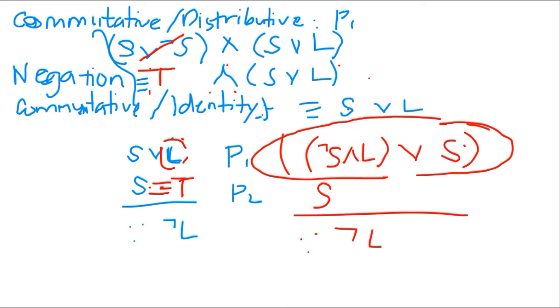Then the first premise, premise 1, should be true as well. So we already know that this S is already true. So does it imply that not L should also be true? And the answer is, it doesn't follow. So this is a fallacy.